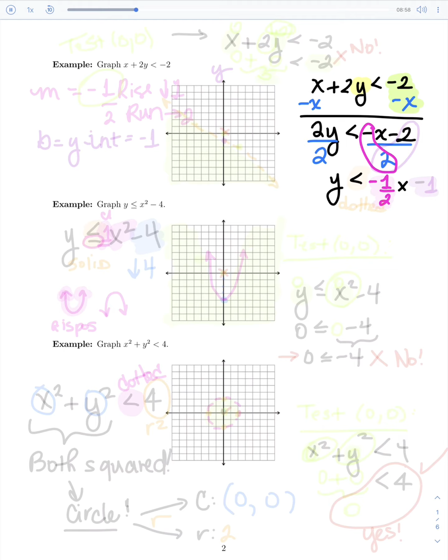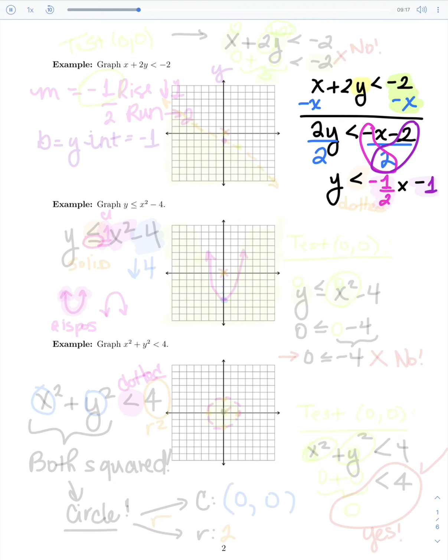On the next piece, we have a minus, and we also have to divide that piece by 2, so 2 divided by 2 gives you a 1. Now at least we have a line in slope-intercept form.